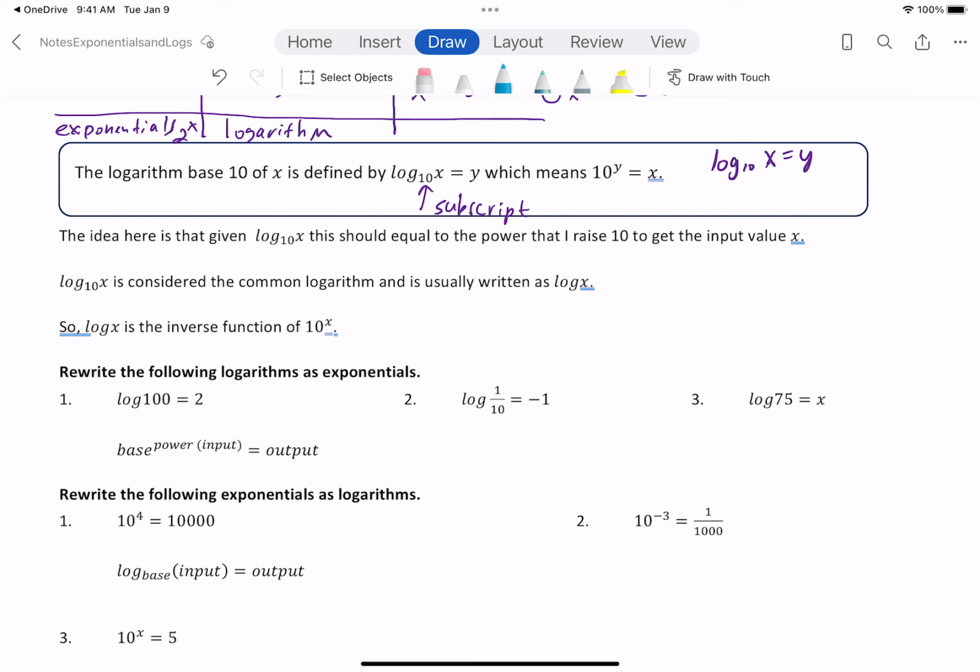If you put your pencil on the base 10 and draw an E for exponential, to rewrite a logarithm as an exponential, we would start with that base. It's raised to the power of y equals x.